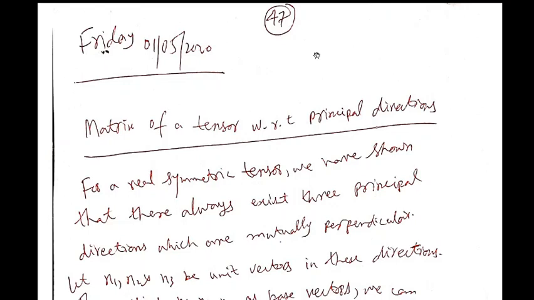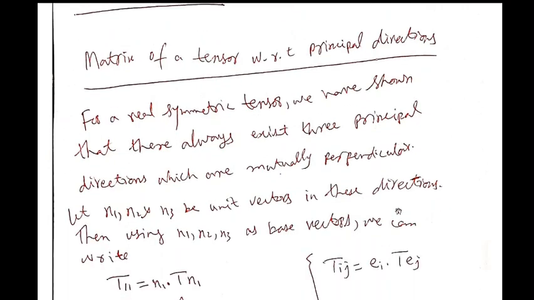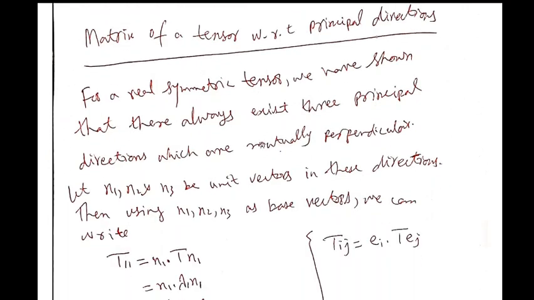In a similar way we can write the matrix of tensor T with respect to principal directions. Let's see how we can do that. We know that for a real symmetric tensor there always exist three principal directions which are mutually perpendicular.